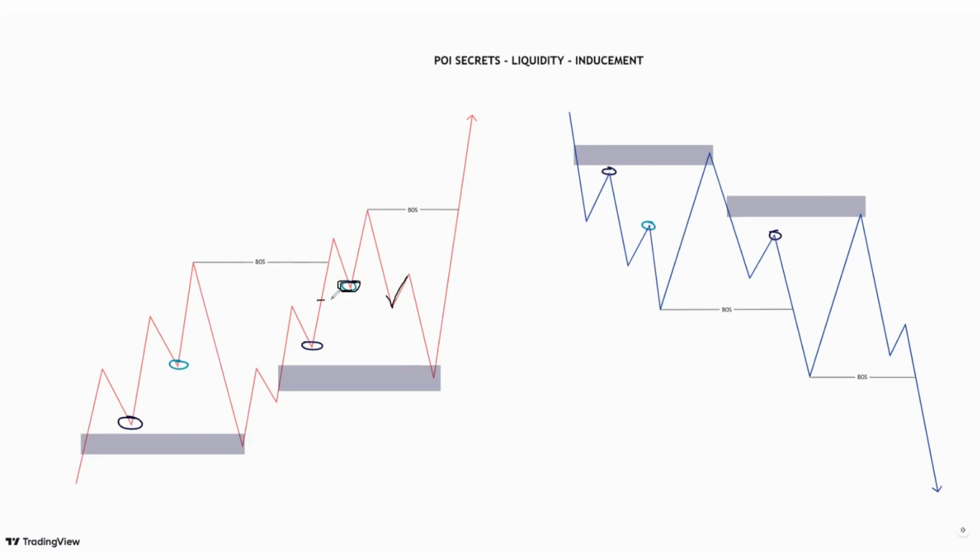So if you had a point of interest here and you took probably a buy here, you were not wrong, right? So that's why when you trade, you put a stop loss, because the price may not always give you what you want. Like for example, this one, it turned just below this point, but we had another POI here, right?